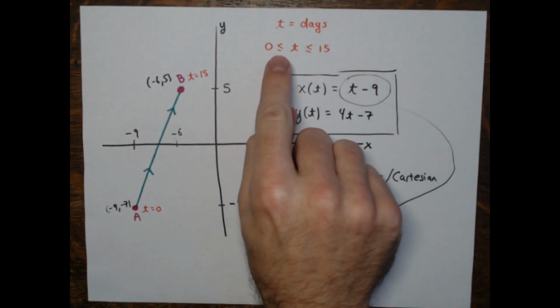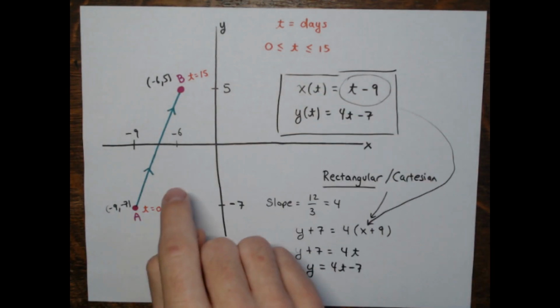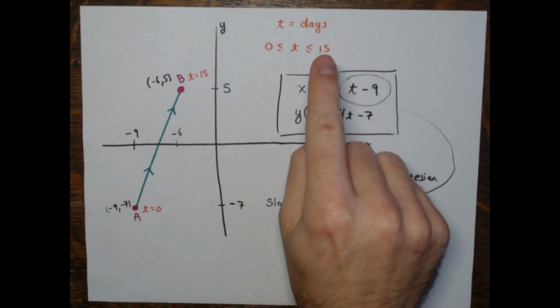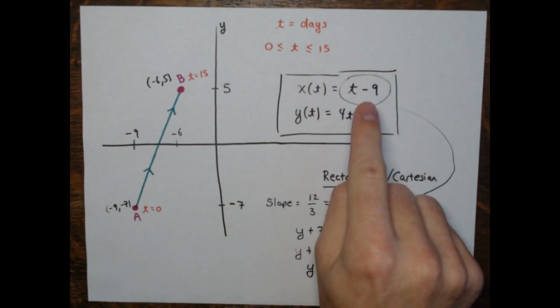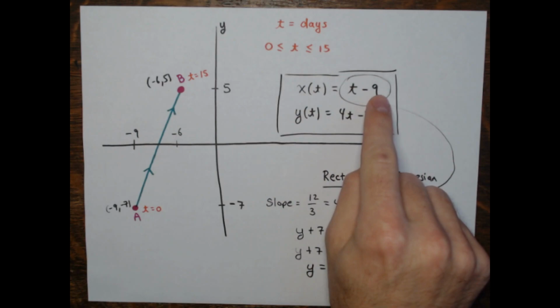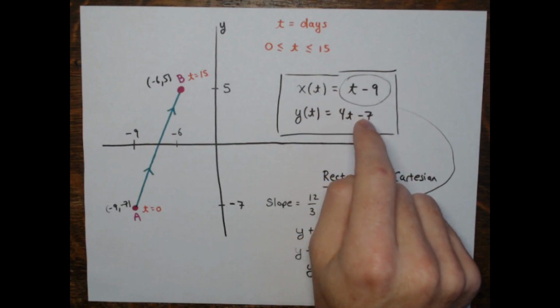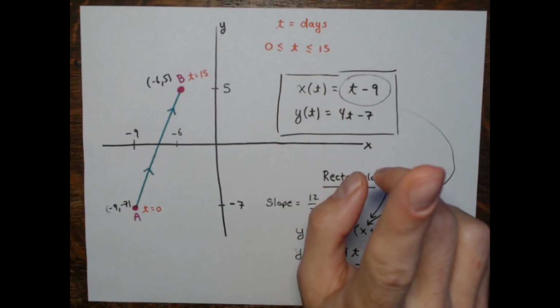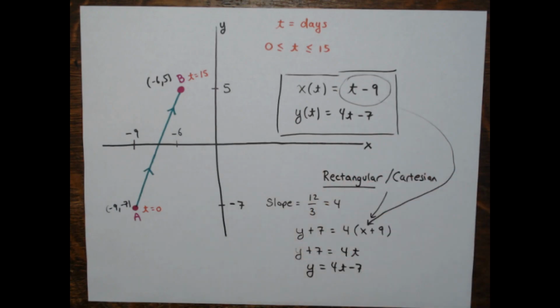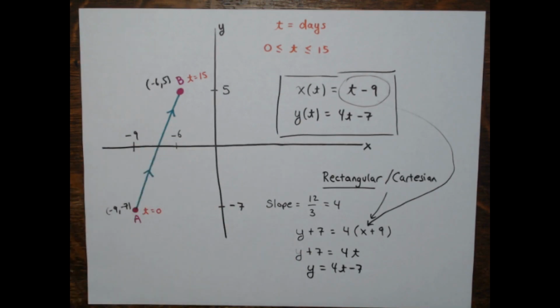And you see when t equals 0, you'd be at the point -9, -7. And when t equals 15, 15 minus 9 is, ooh, no. That's not correct. 15 minus 9 is +6, not -6.